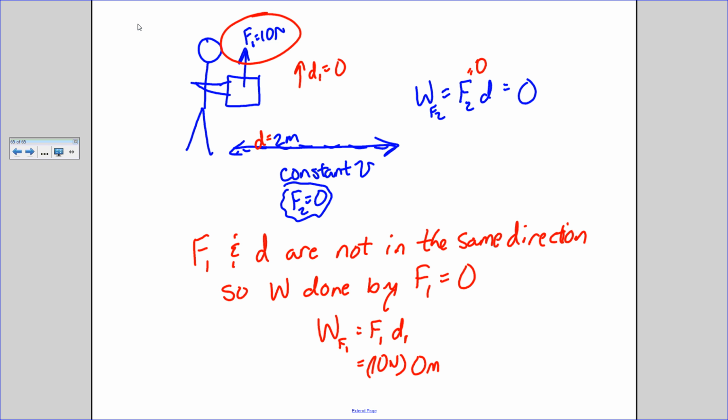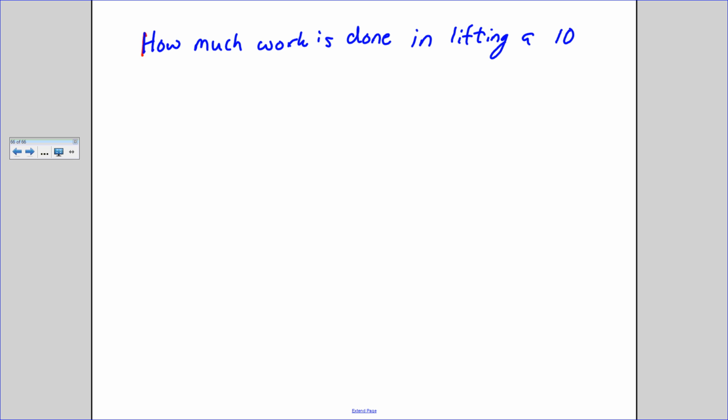Okay. How much work is done in lifting a 10-kilogram sack two meters from the floor to table?